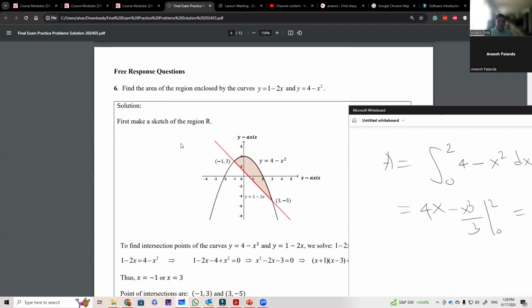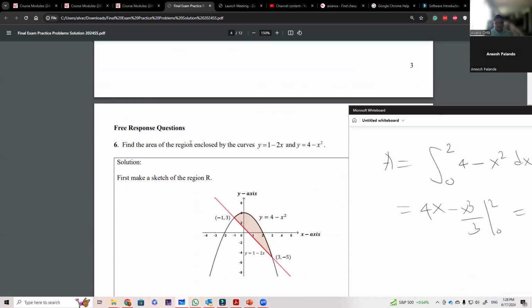So now let's do another one with this area. Notice this, find the area of the region enclosed by these two curves. This one is going to be a little bit more involved since it has two different functions. But every time that you are doing an area, you've got to question yourself on two different things before you start. And the first one is, which function is on top?